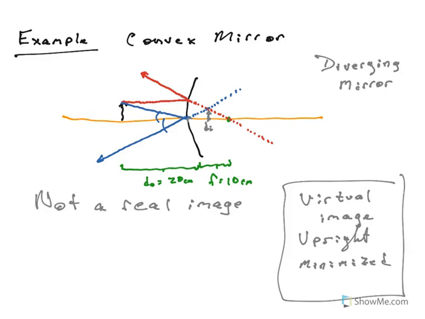And of course, I would measure the distance. Maybe the image distance is about 5 centimeters or something. But notice, for a convex mirror, we have to do things differently than we did for the concave mirror. But if we follow our rules, it's not that complicated.